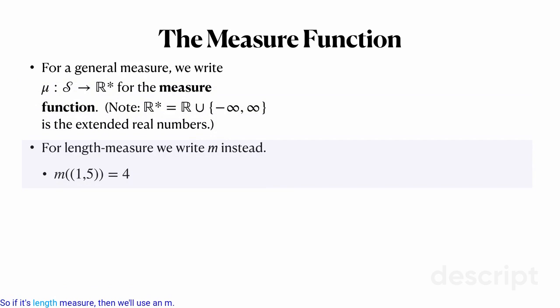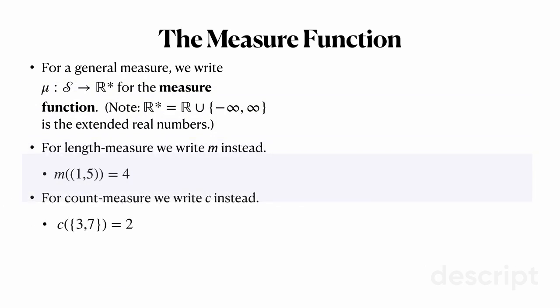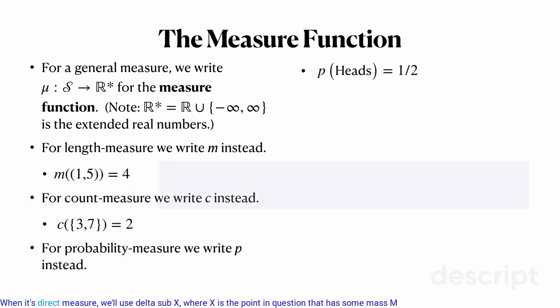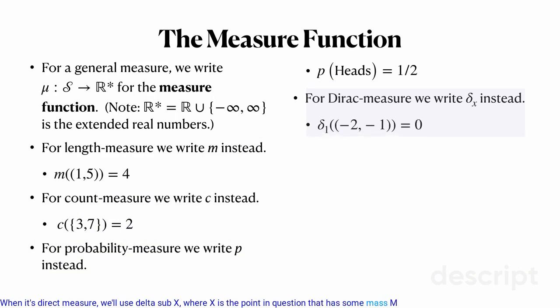So if it's length measure, then we'll use an M. When it's count measure, we'll use C. When it's a probability measure, we'll use P. When it's Dirac measure, we'll use delta sub x, where x is the point in question that has some mass m. For a general measure, if it's not one of the distinguished named examples, then a generic measure will be written as mu.